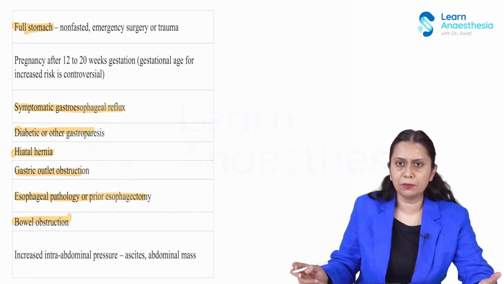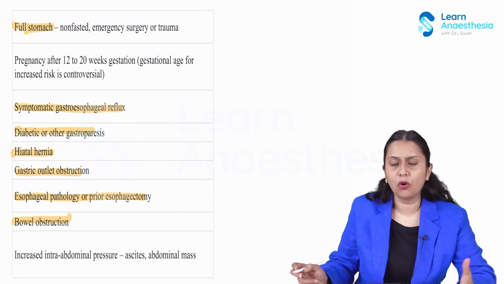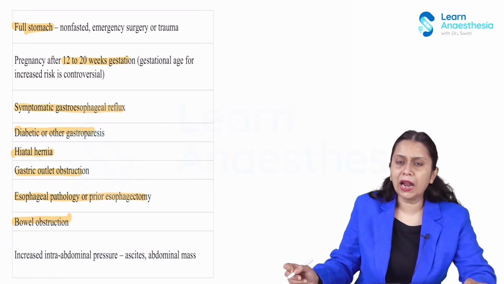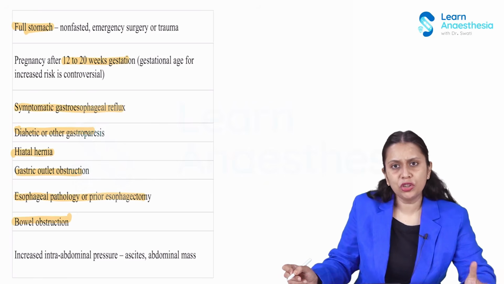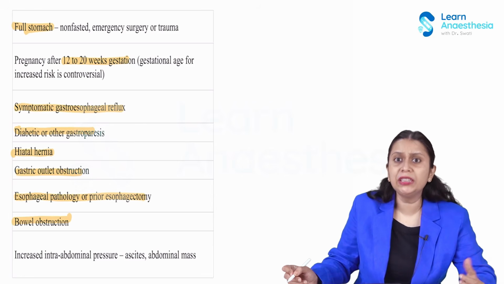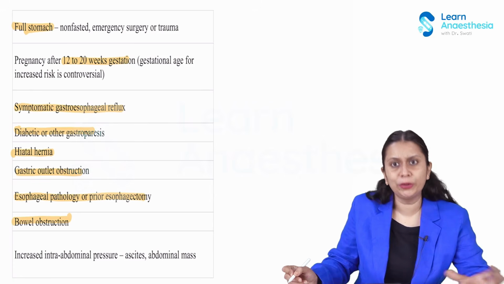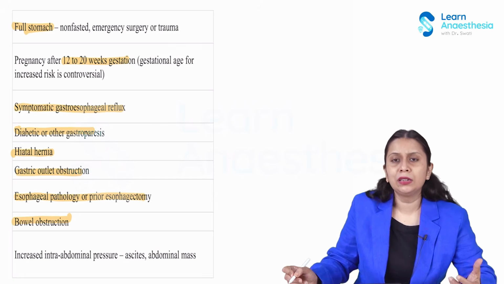increased risk of aspiration. Apart from this, pregnant females from 12 to 20 weeks gestation onward are again at a higher risk of aspiration, because GI motility is reduced. And because of the gravid uterus after 20 weeks of pregnancy, the risk of aspiration increases because of the increased intra-abdominal pressure.